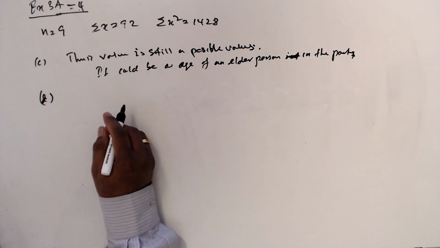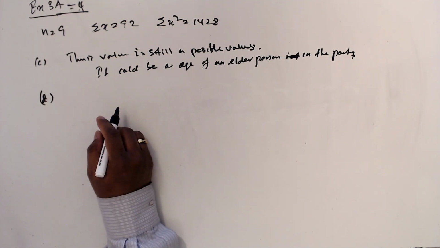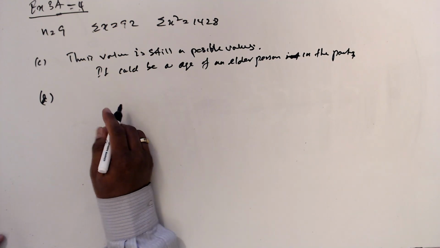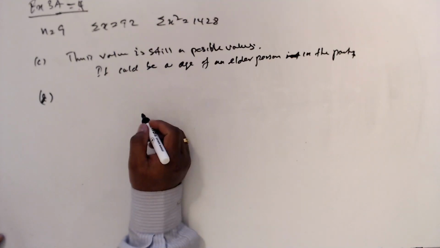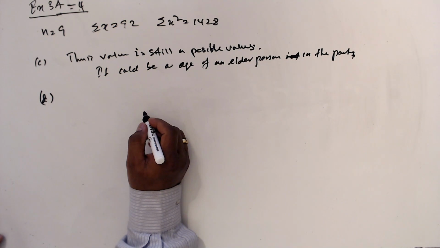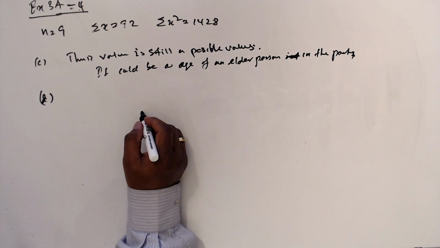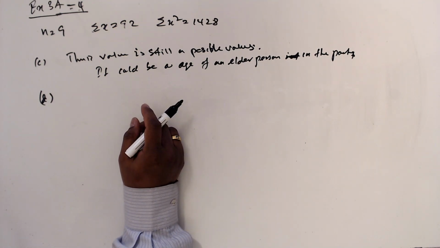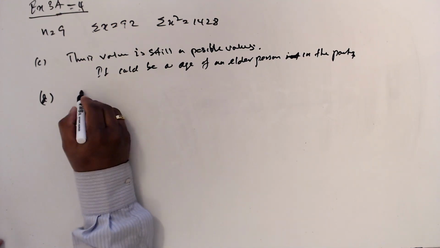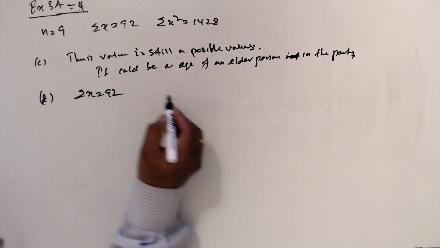Part D, we want to clean this data set. So we have to drop this data value. So we have summation x equal 92.